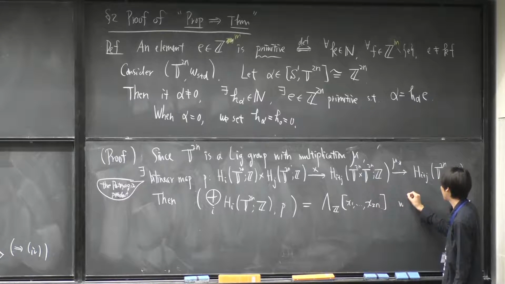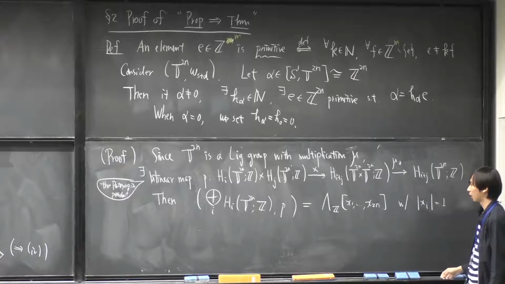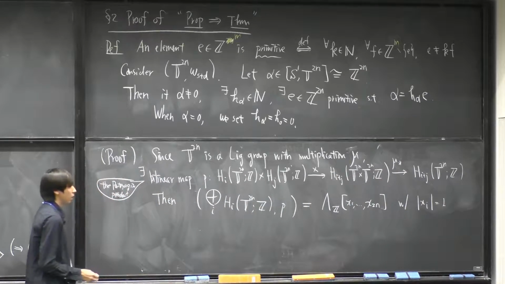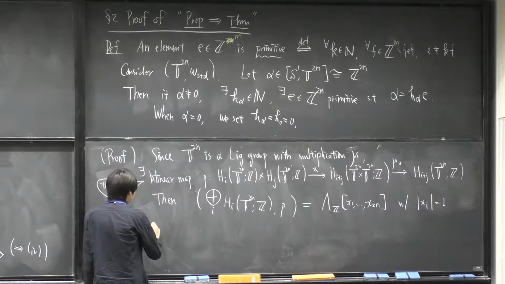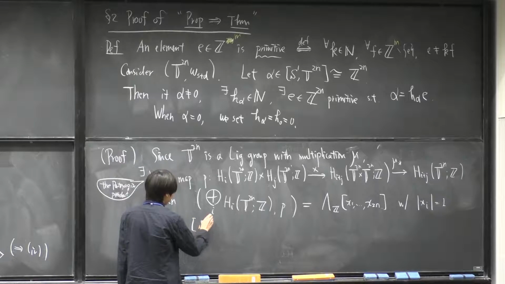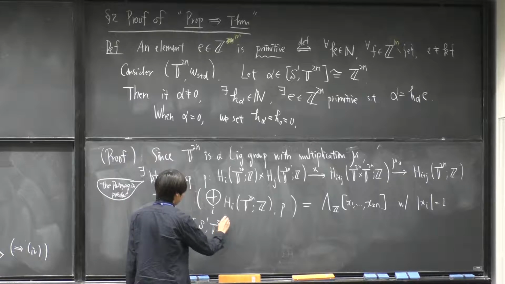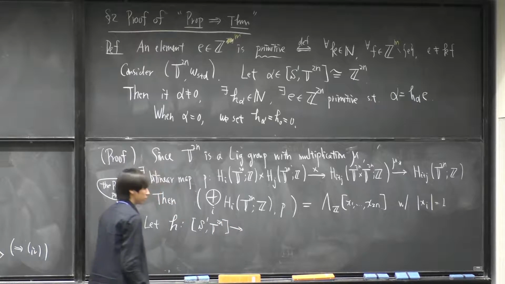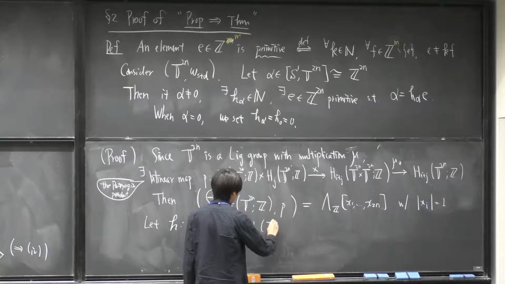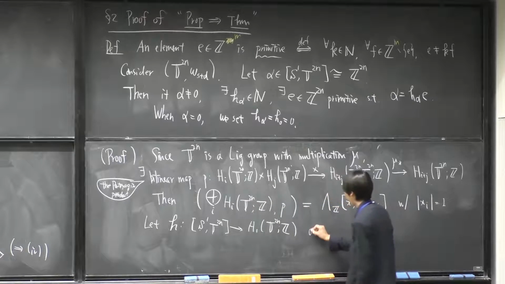Here xi, the degree of xi, is equal to 1. And let H be a map from the set of free homotopy classes to the first homology group, defined as follows.